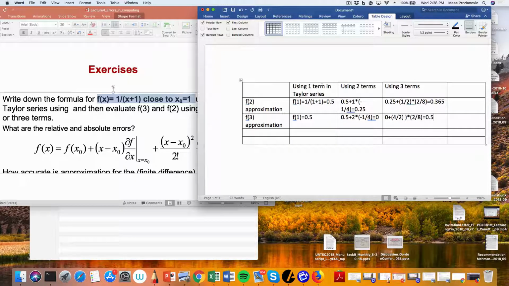I would expect that. Then with adding the second term, I seem to be changing values, but I don't know whether I'm getting better or getting worse, partly because I need the actual value to evaluate that. Luckily I know the actual value for f of 2. I actually know the function.